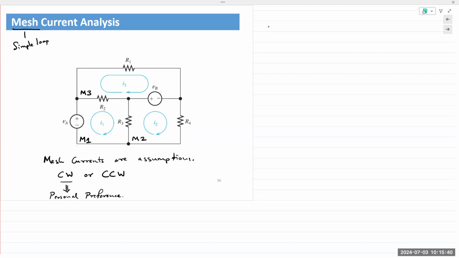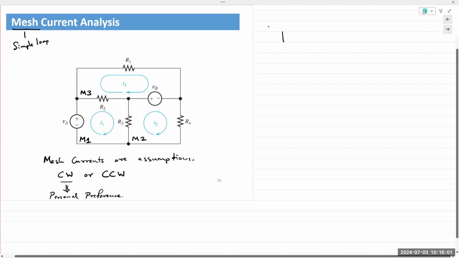If we have a mesh current flowing through a resistor, let's say if you have a current flowing through a resistor, it will cause a voltage drop. It will cause a voltage to appear across that resistor. And so we apply KVL to sum up these hypothetical voltages. So let's take mesh 1, for instance. In mesh 1, we have a voltage source.